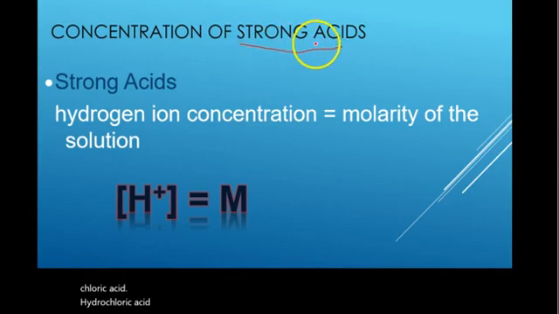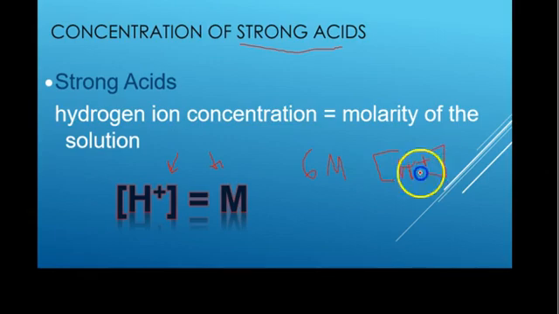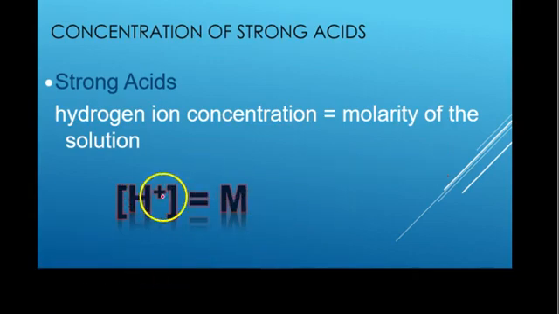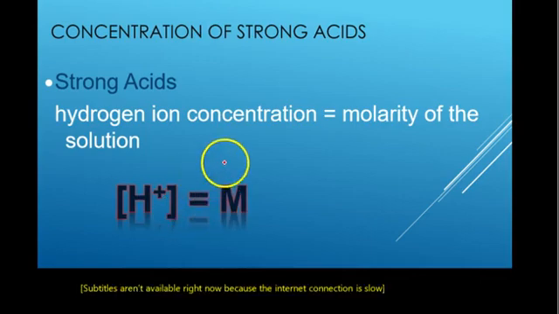So if you are one of those acids, your hydrogen ion concentration is equal to your molarity. So if you have a 6 molar solution, the hydrogen ion concentration is equal to 6. So the hydrogen ion concentration equals the molarity of a strong acid.